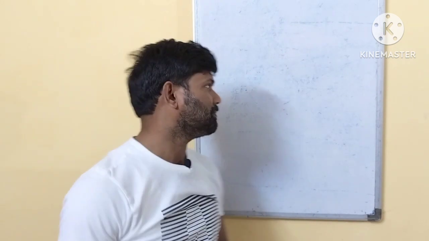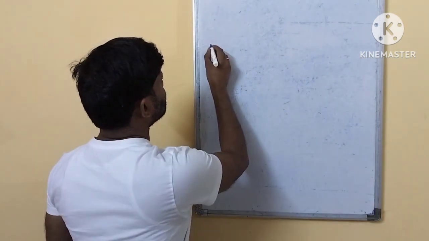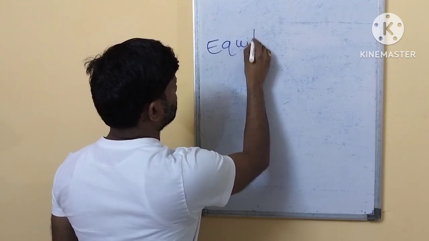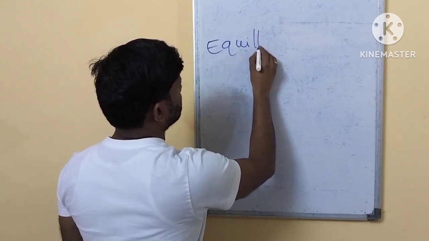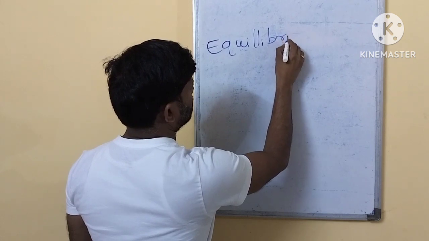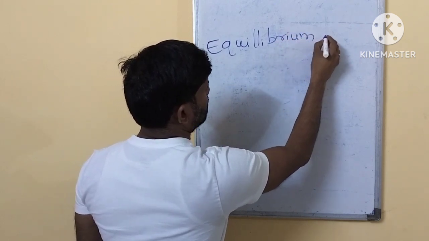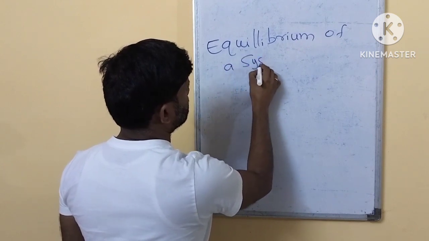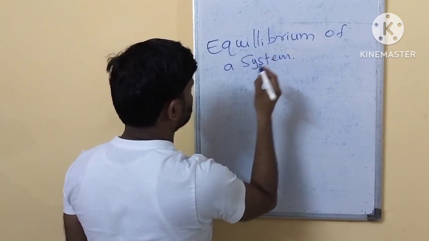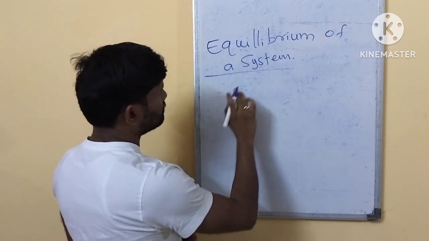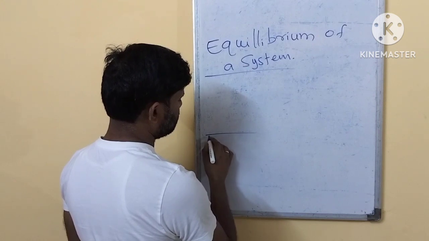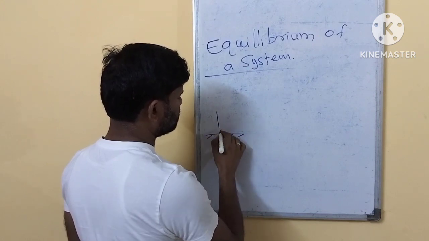Now we discuss equilibrium of a system. Here, this is the topic. One object is there.